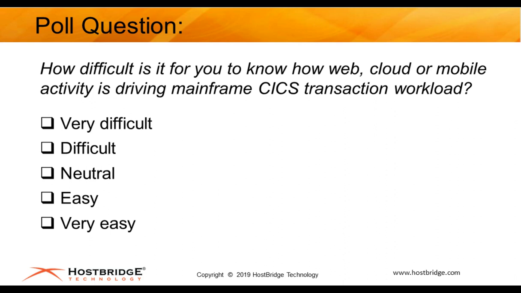But to start with, we'd really like to hear from you just a little bit, and that will shape some of the comments that I make going forward. And so we have a very simple poll here, and the heart of this poll is really to pose the question to you: how difficult is it for you to stitch together and really know how distributed work presented to the mainframe via a distributed source like a web or cloud-based users or mobile-based activity?